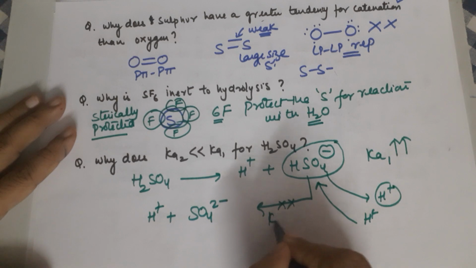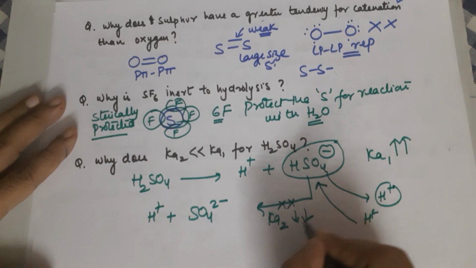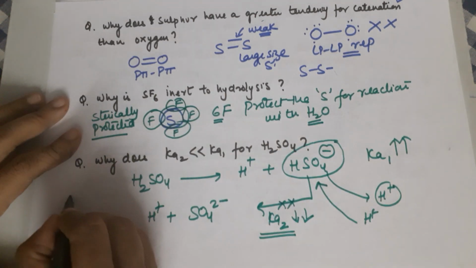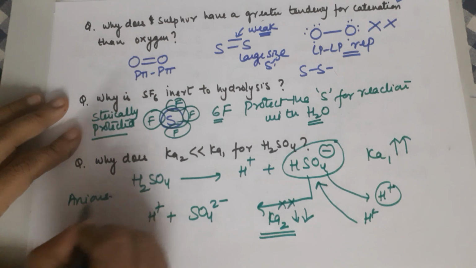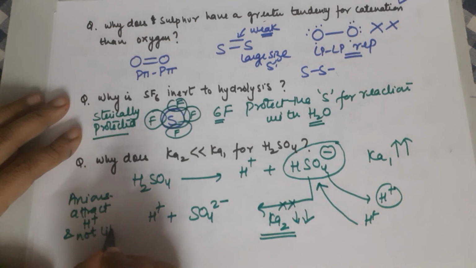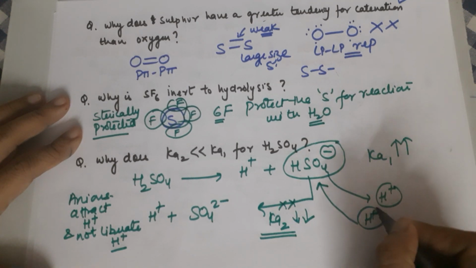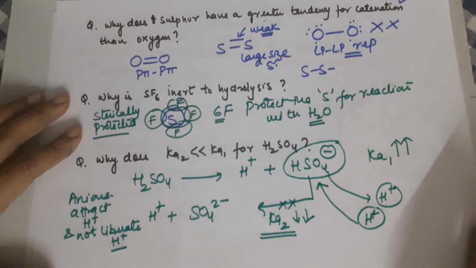Therefore, Ka2, the dissociation constant for the second H positive to be released, is a very low value, because anions attract H positive and do not liberate it. A negative ion would prefer to attract the H positive ion rather than release it.